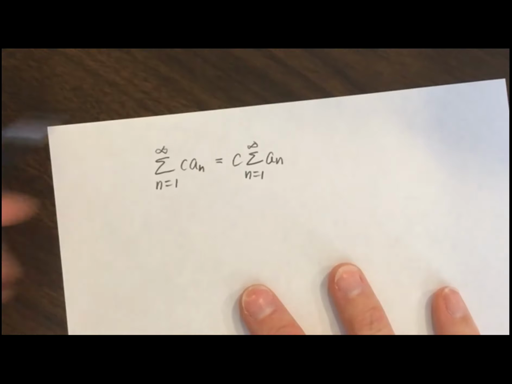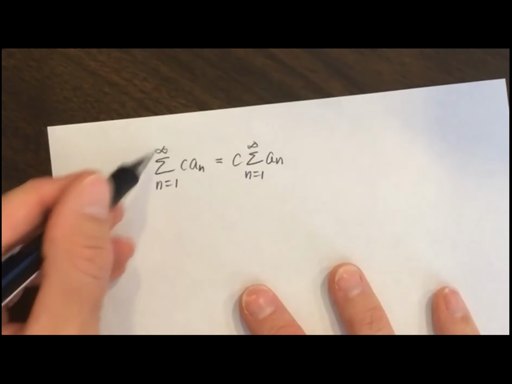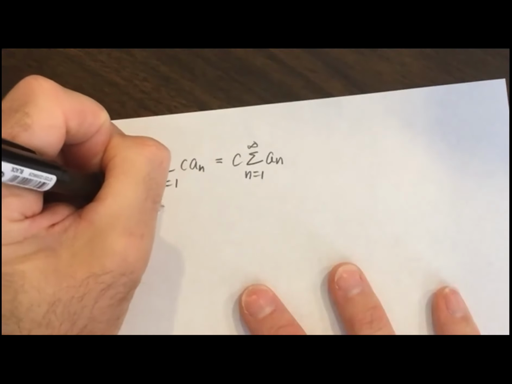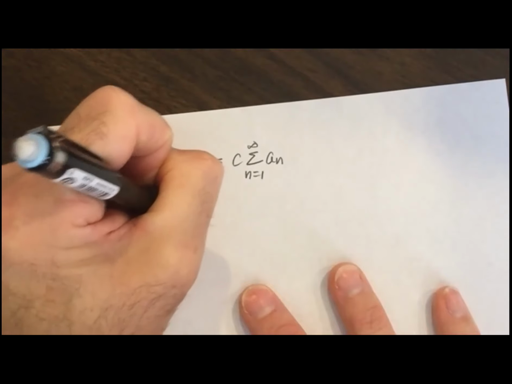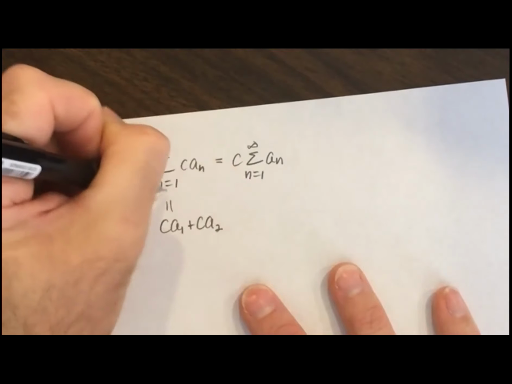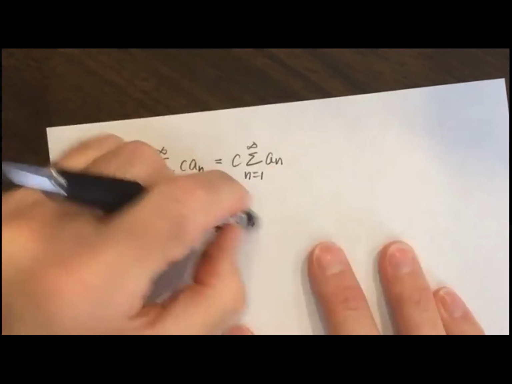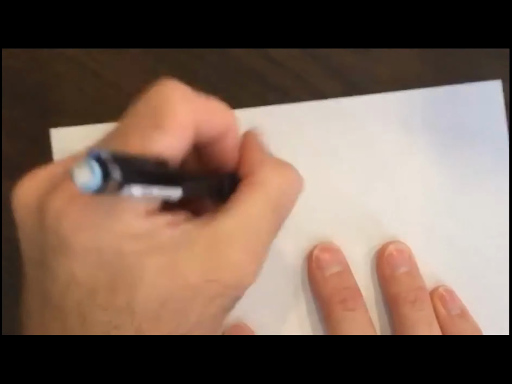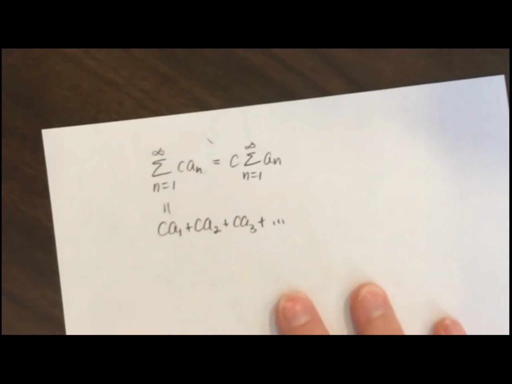What you would do is make this side look like that side by expanding this. So this is equal to C times a1, plus C times a2 when n is 2, plus C times a3 when n is 3, plus dot, dot, dot. This goes on forever.